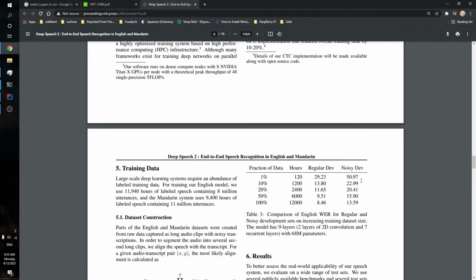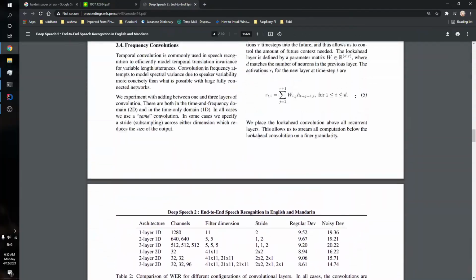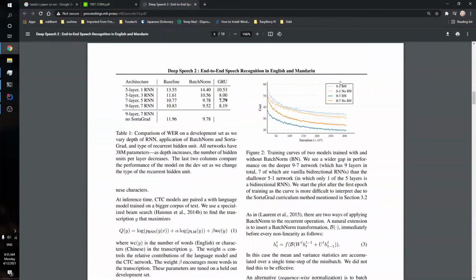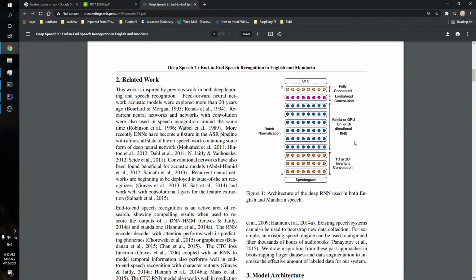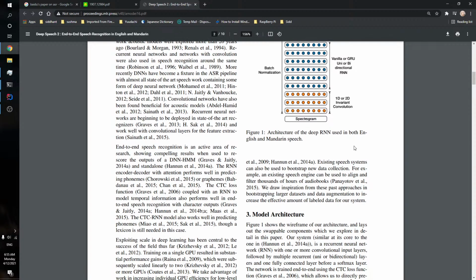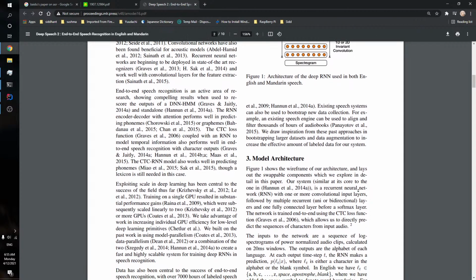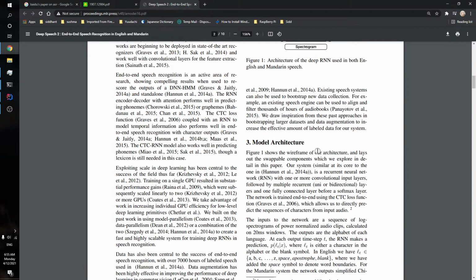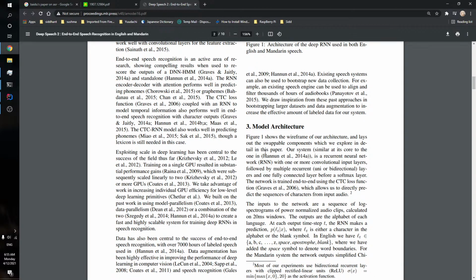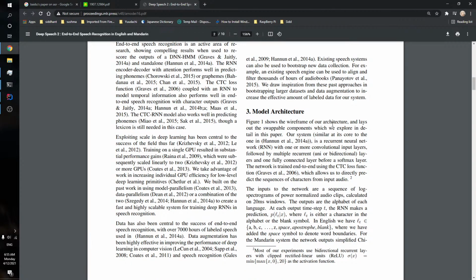While that's happening, let's go ahead and take a look at what Baidu's paper has when it says the convolution networks really quickly. It shows the wireframe of the architecture and lays out swappable components. We explore in detail: convolutional input layers followed by multiple recurrent or one fully connected layer before the softmax layer.